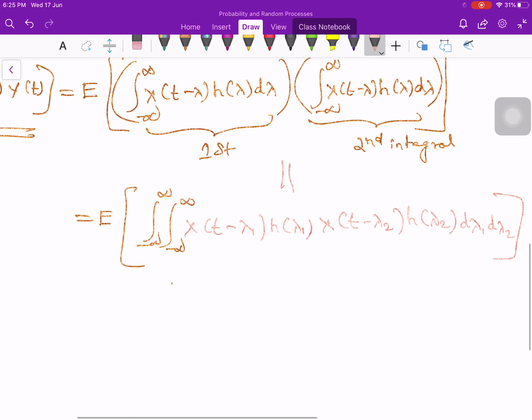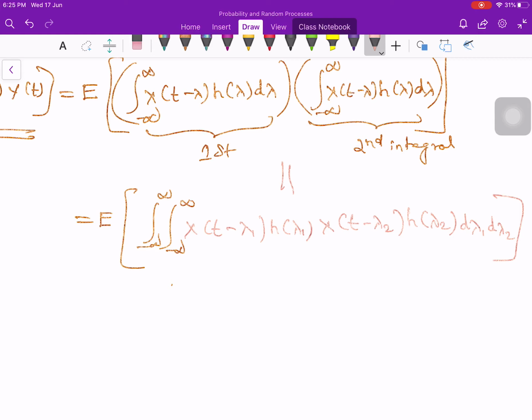Therefore the product of two integrals becomes a double integral only if you use distinct variables. Here I used lambda 1 and here I used lambda 2. So we used two variables, lambda 1 and lambda 2.